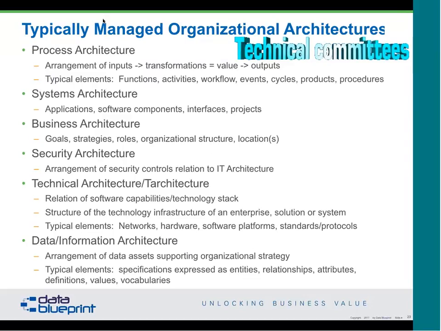Shannon mentioned at the front that we've done a lot of survey work around this. Of more than 500 organizations that we've surveyed, only 10% actually manage any of these architectures, and only a tiny handful manage multiple of these architectures simultaneously.